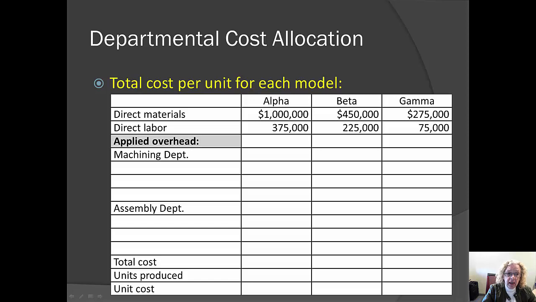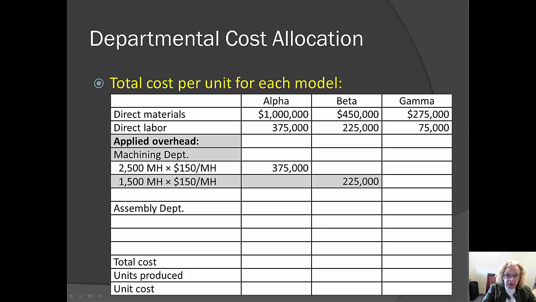But that's okay if it gives us a better sense of how much it costs to make each version of our product. So, in the machining department, we're going to take the number of machine hours used by the alpha motors and multiply it by our machining department allocation rate of $150 per machine hour to determine the alpha motors' share of machining department overhead.